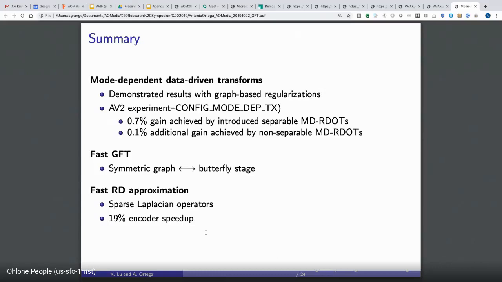To clarify, I think the 0.7% gain is with the new transforms, which are signaled. Everyone had 16 transforms before, now it has 24 transforms. I think it was presented in Sarah's talk yesterday. So you also use quantization matrices.